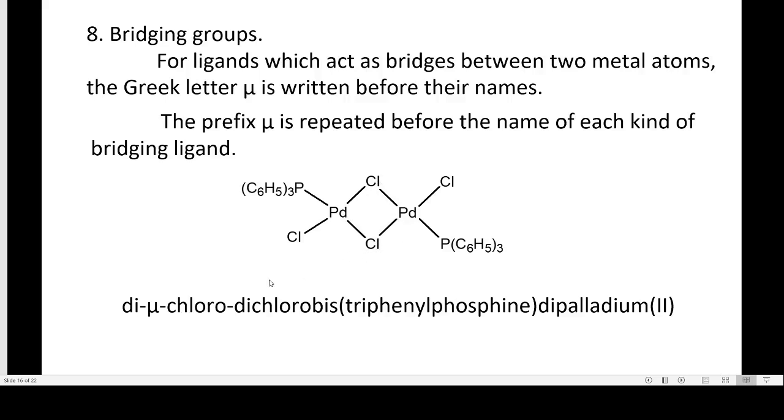Since it is a bridging group, mu is written. So di mu chloro is written in this example. Suppose the bridging groups are of different kinds, then prefix mu is written before the name of each kind of bridging ligand.